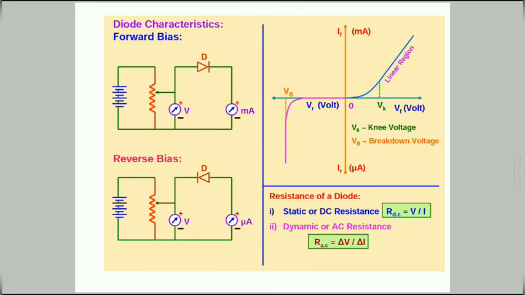If the reverse bias is equal to the breakdown voltage, then the reverse current through the junction increases very rapidly. This situation is called avalanche breakdown, and the junction may get damaged due to excessive heating if this current exceeds the rated value of the PN junction diode.